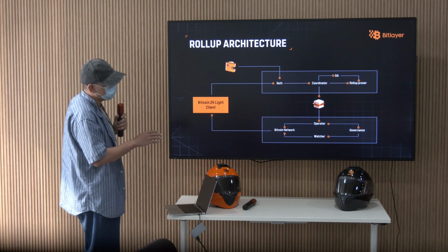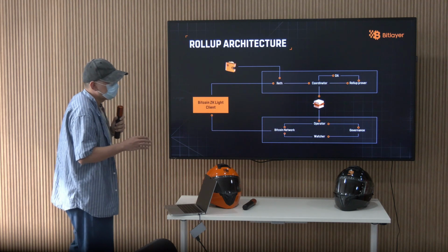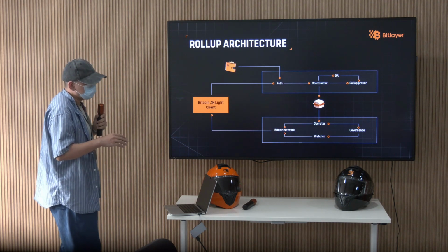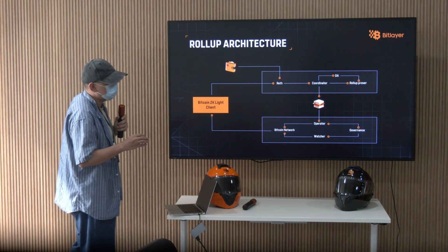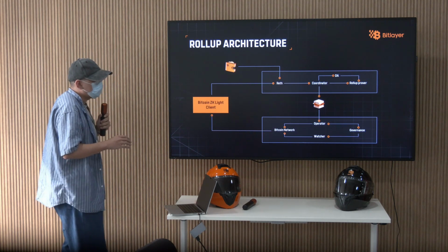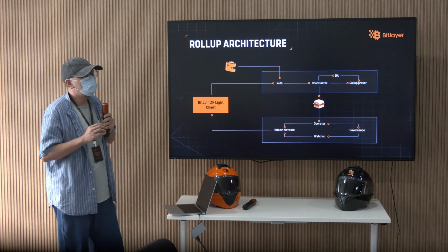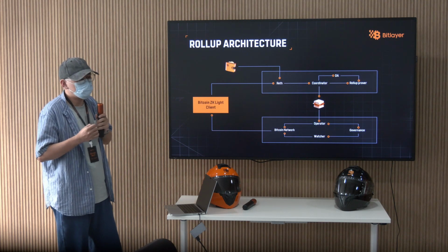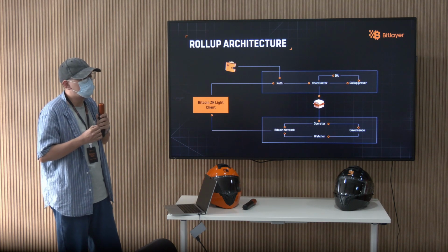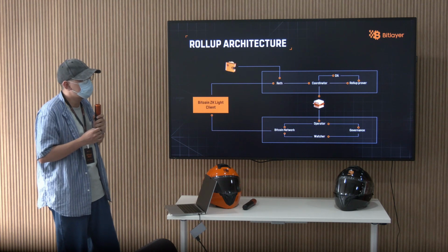The operator, the watcher, and the governance make up the roles in the rollup protocol. The operator takes care of pushing the new batch statements to Bitcoin, and also addressing the challenges from the watcher.